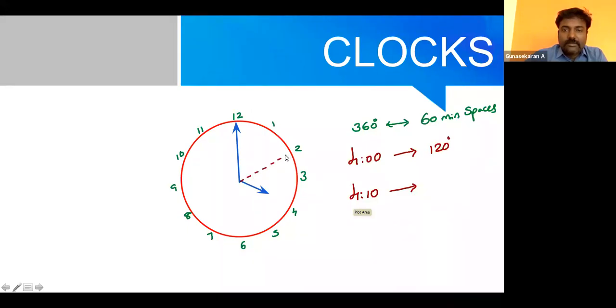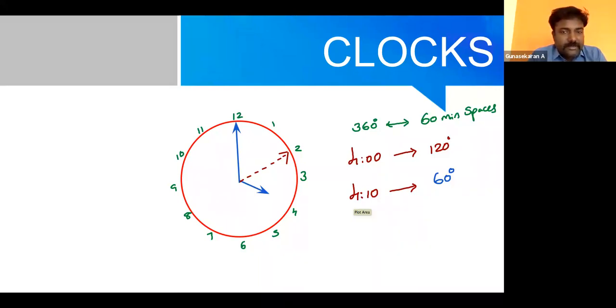At 4:10, what is the angle between minute hand and hour hand? So what is our understanding?